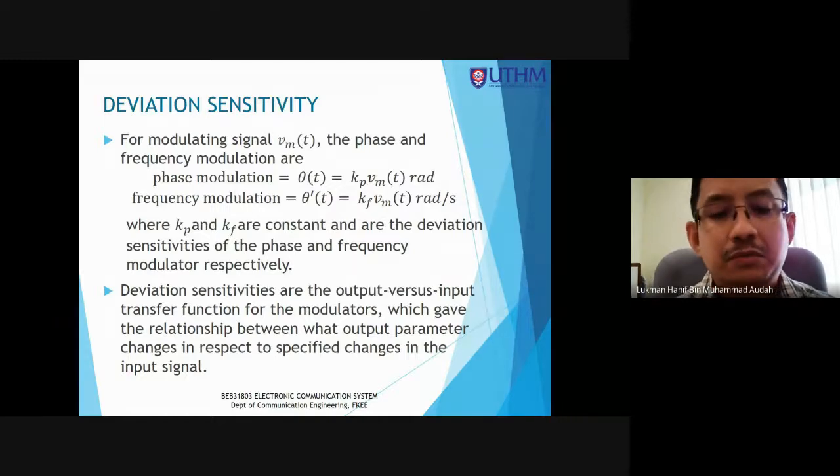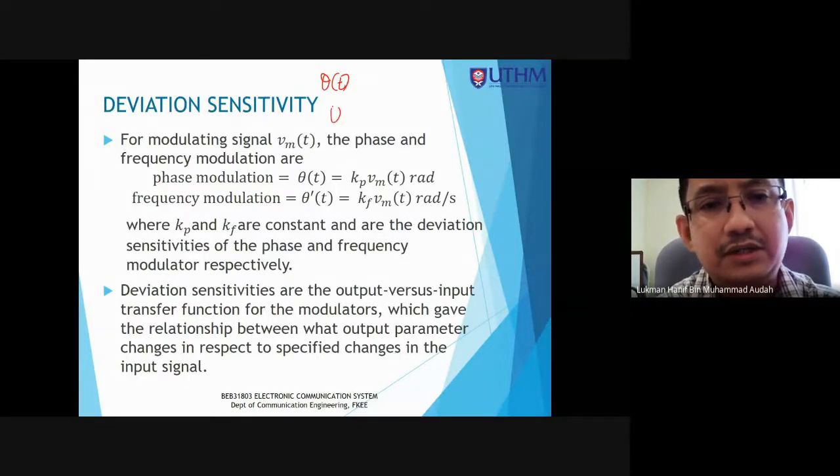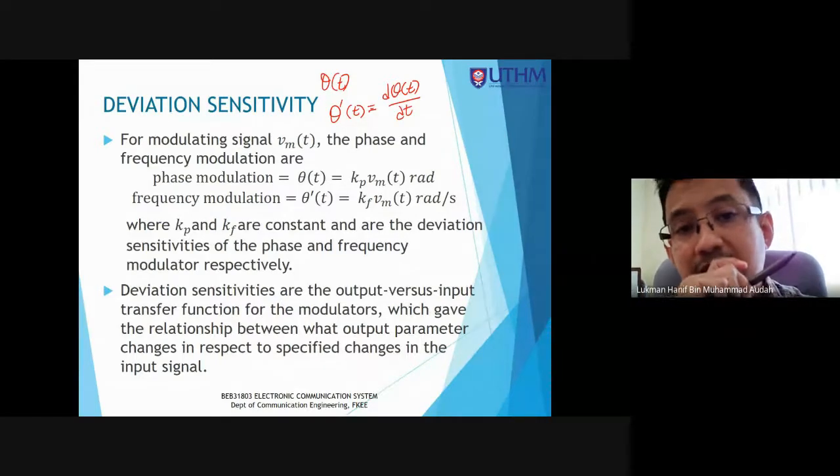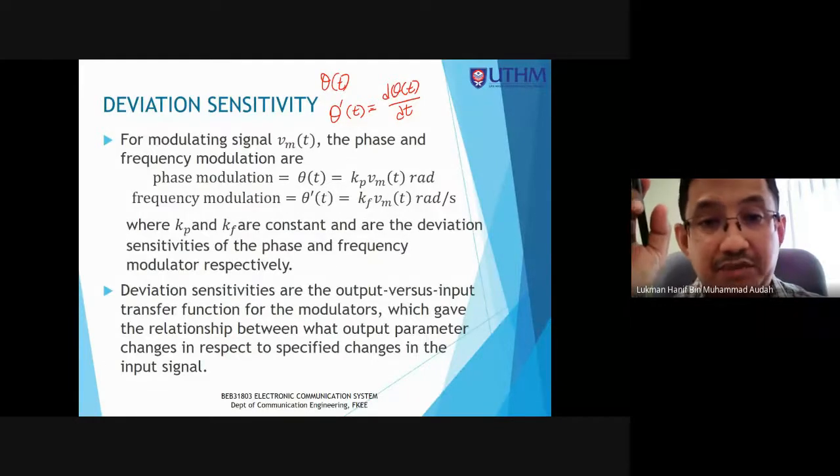We have seen theta t previously, and we also have seen theta prime t, which is equal to the first derivative of theta t, d theta t over dt. Pembezaan daripada theta t terhadap masa, you akan dapat theta prime t.